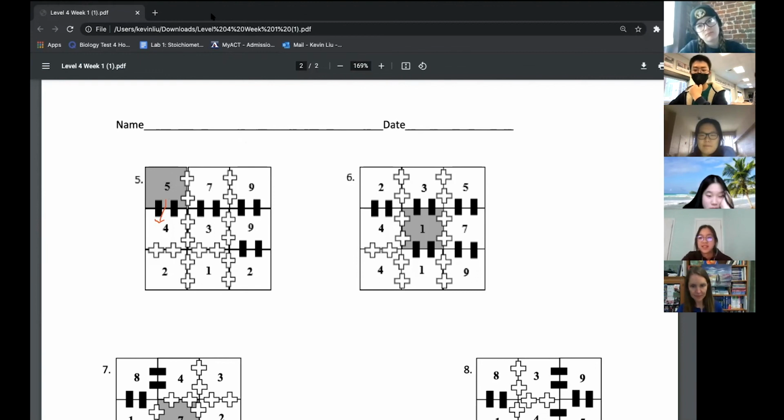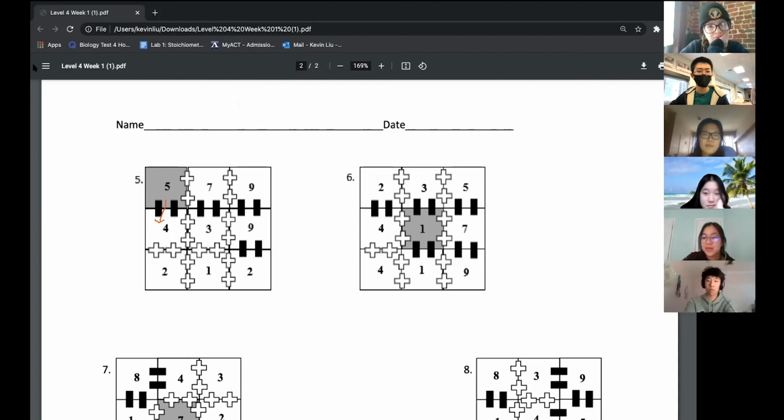Can we try Elijah's path first? If one of you guys wants to type out your path in the chat, we could. Elijah said he's got it.